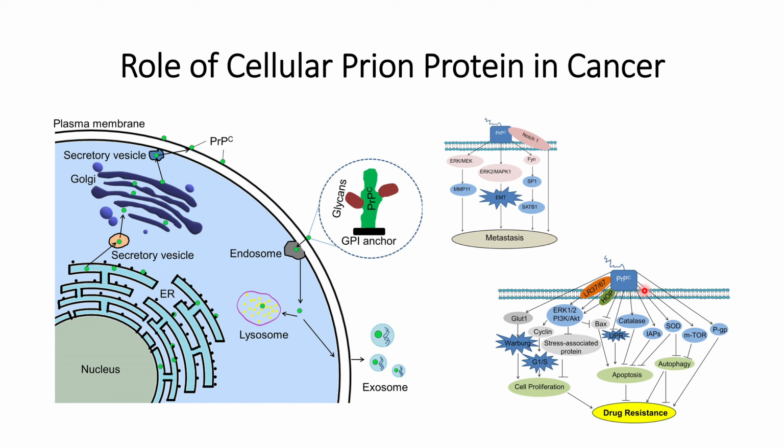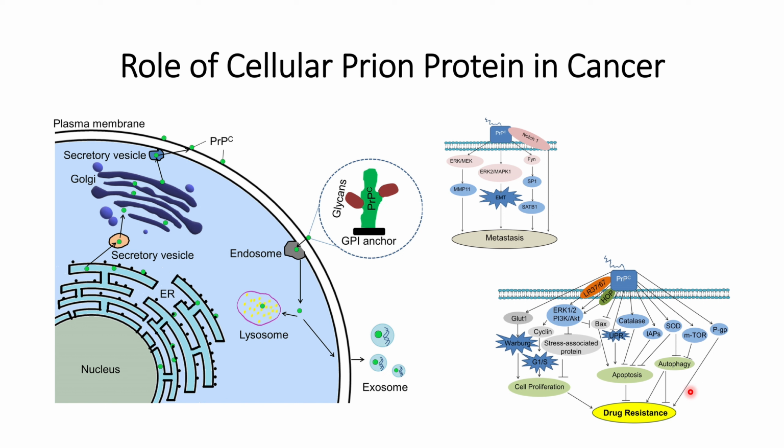Another thing it promotes is that an essential thing for cancerous cells is to avoid the immune system of the person. An efficient way to do this is by inhibiting apoptosis, autophagy, or any signaling pathway that promotes cell death.